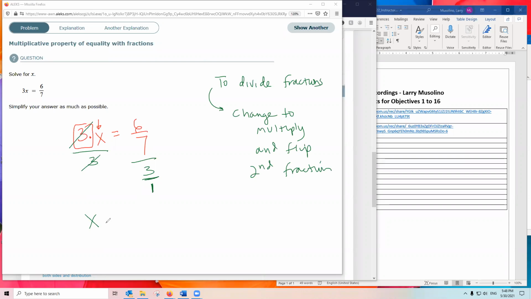Well, I'm going to do that. I'm going to leave the top fraction as is. I'm going to change to multiplication, and I'm going to flip this bottom fraction upside down to make it a 1/3.